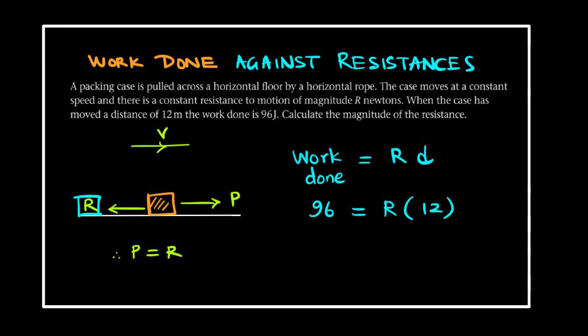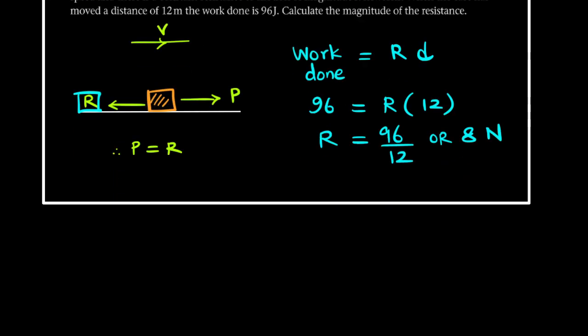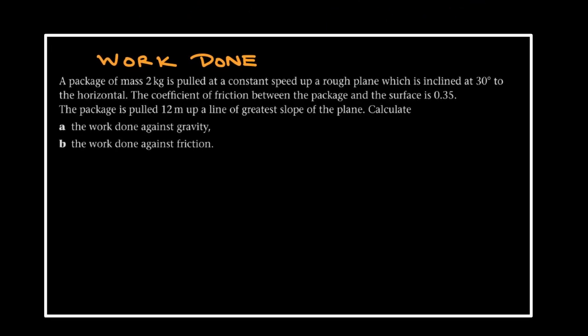Distance is 12 meters. So therefore R is 96 over 12, which simplifies to 8. So 8 Newton is the resistive force. And if they would have asked for the force that was applied, that's also 8 Newton because the case is traveling at constant speed. Let's move on to the next question.